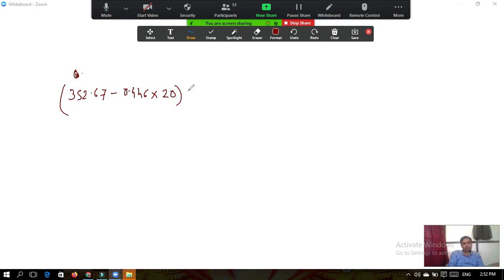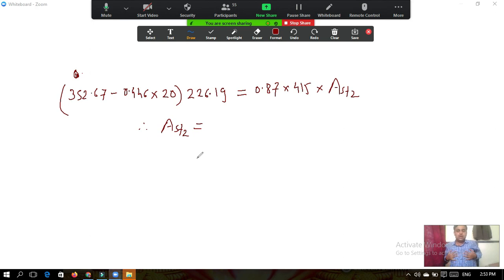ASC is equal to 226.19, which is equal to 0.87 into FY. FY is 415 into AST2. If you solve, you will get the answer for AST2. Tell me the answer. 215.35. So the answer is 215.35 mm square.